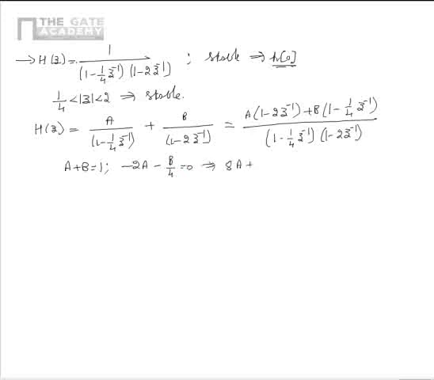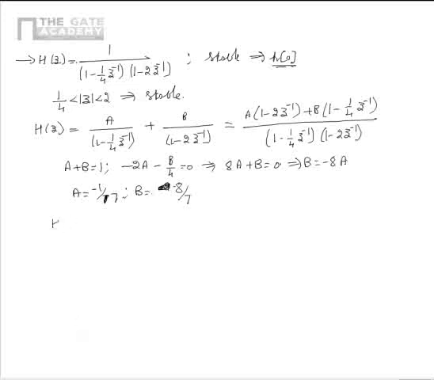That implies 8A + B = 0, so B would be equal to -8A. From this we see that A is equal to -1/7 and B is equal to 8/7.